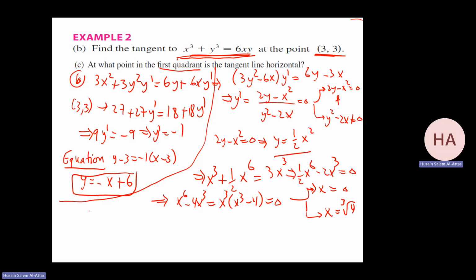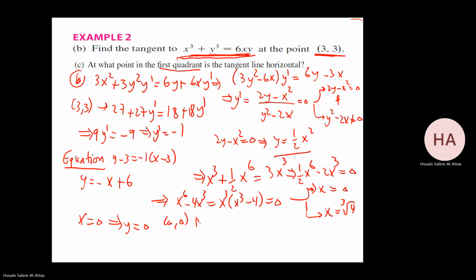Okay, x equals 0. If x equals 0, I'm getting what? Substitute here. I'm getting y equals 0. But 0 and 0, not in the first quadrant.